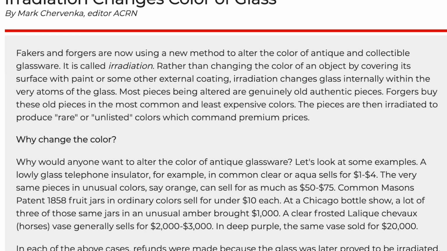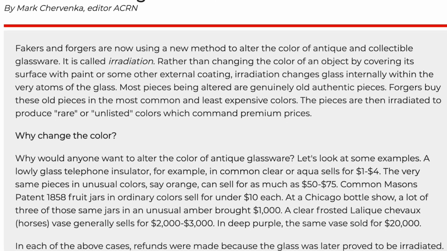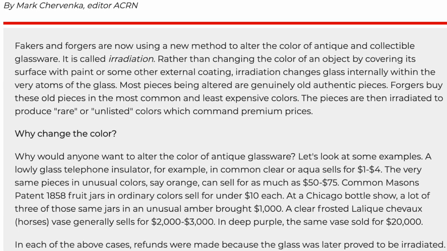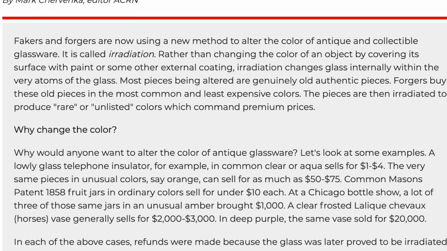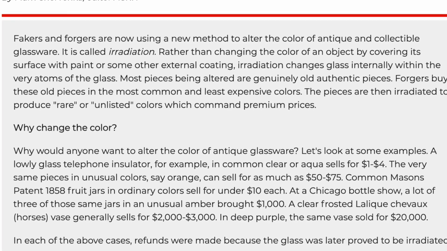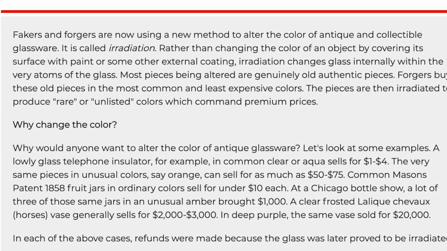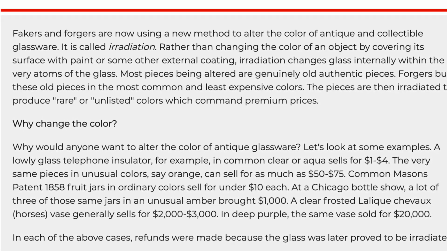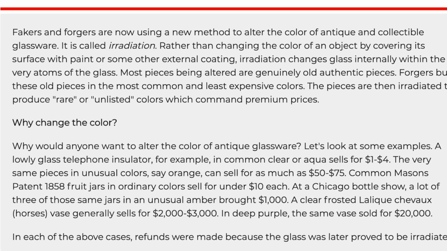At a Chicago bottle show, a lot of 3 of those same jars in an unusual amber brought $1,000. A clear frosted Louis Chauveau vase generally sells for $2,000 to $3,000, and in deep purple, the same vase sold for $20,000. In each of the cases above, refunds were made because the glass was later proved to be irradiated."